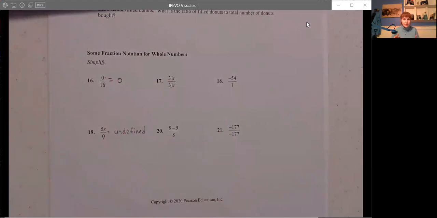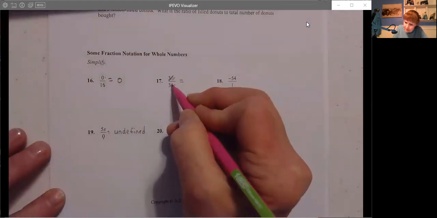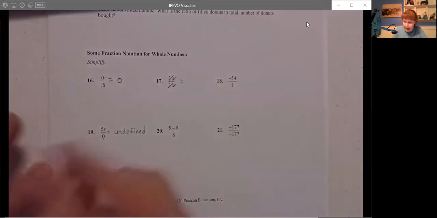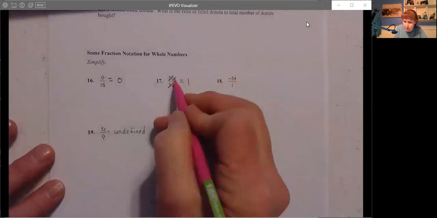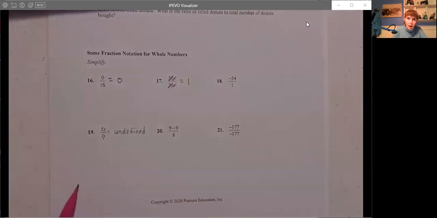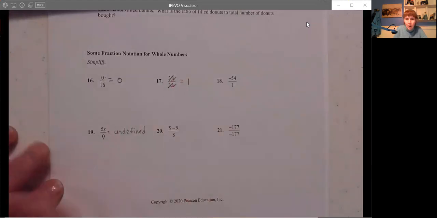So we got those two down. Let's look at 17. This cancels with this, and this cancels with this. When that happens, the answer is 1. So we have 31 out of 31, which is 1.